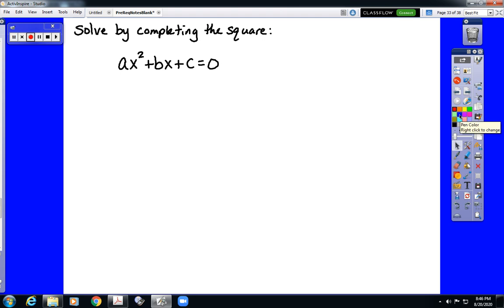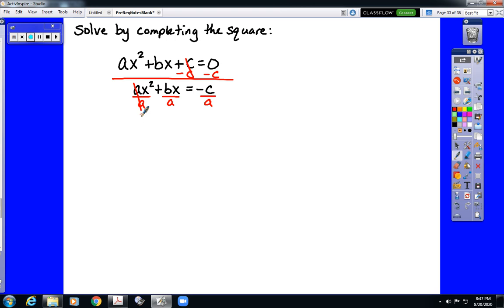So again, we know that we have to have it in a certain format. So we have to move the c. We're going to start by moving the c to the right side by subtracting c, which would give us ax squared plus bx equals negative c. The other thing that absolutely has to happen before we can complete the square is we need a coefficient on x squared of 1.